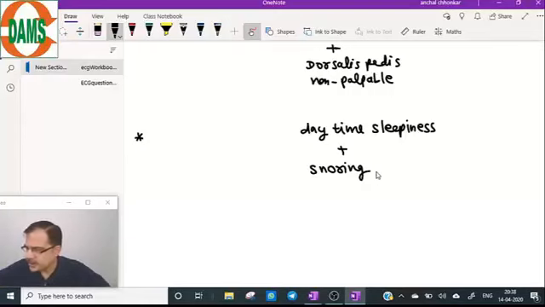Daytime sleepiness will be there, and the patient's relative or spouse will tell that there is excessive snoring. So this condition is, yes, obstructive sleep apnea.